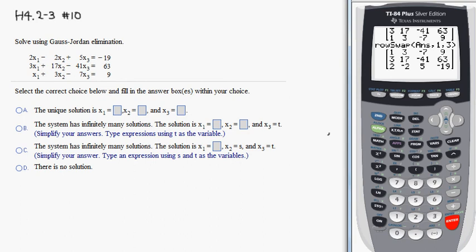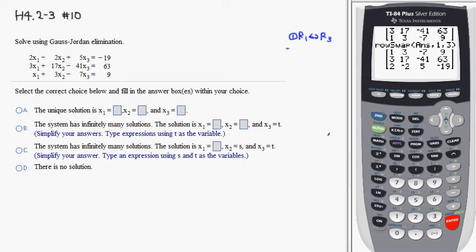So the first row operation we did was to exchange row 1 with row 3. All right, then now I have 1 here. So what we do is we're going to turn the 3 and the 2 into 0.